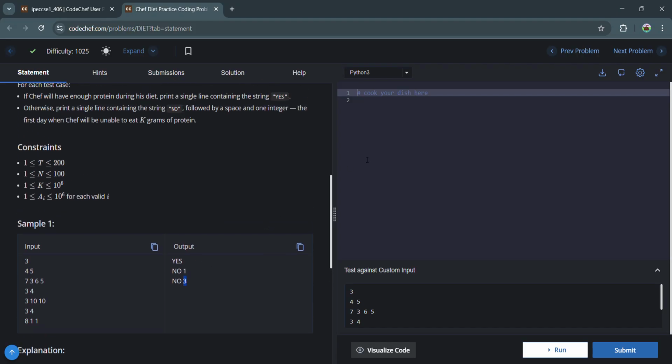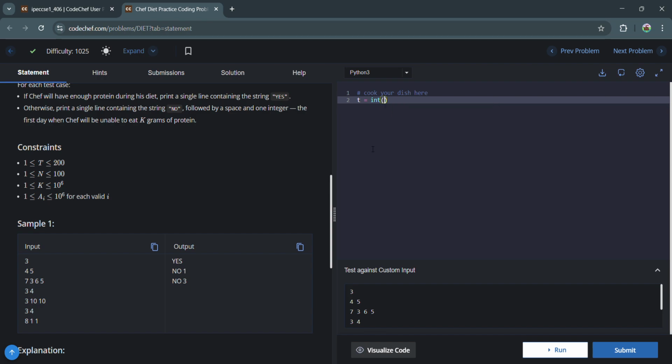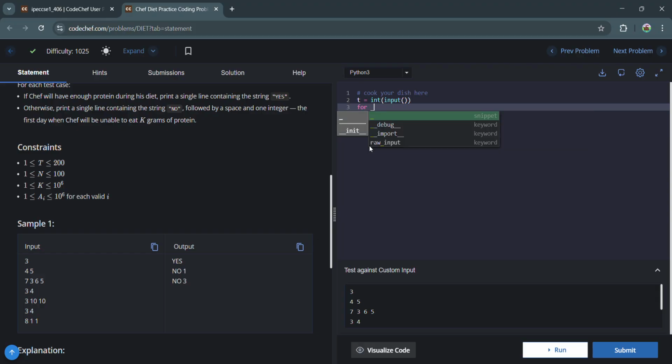So what will be the approach to solve this? Let us first code this. First we have to input the number of test cases.